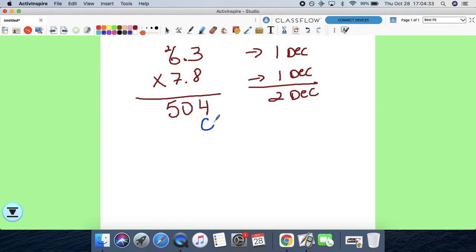So first we add a 0. Right? 7 times 3, 21. Carry the 2. 7 times 6, 42. Plus 2, 44. 4, 1, 9, 4. Where did the decimal go? Right here. So I have 2 decimal places here.